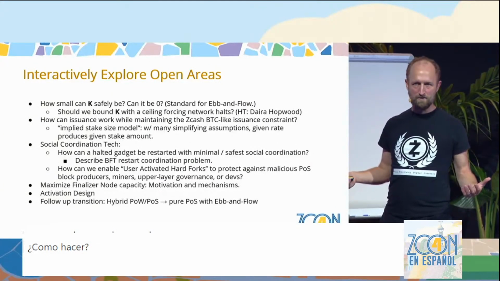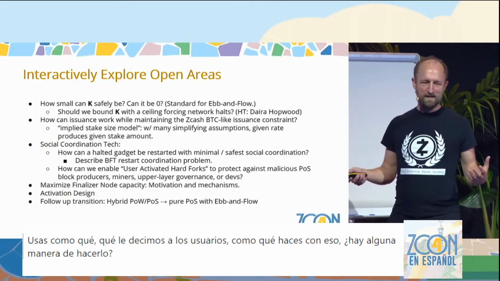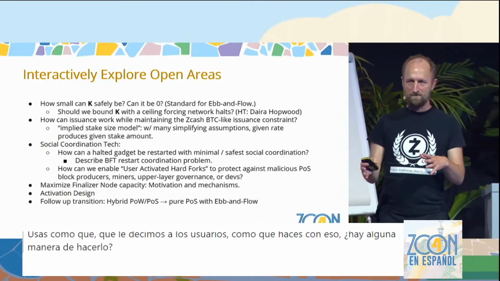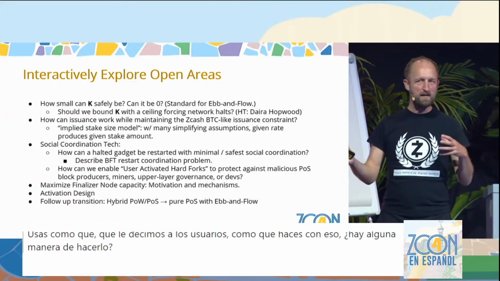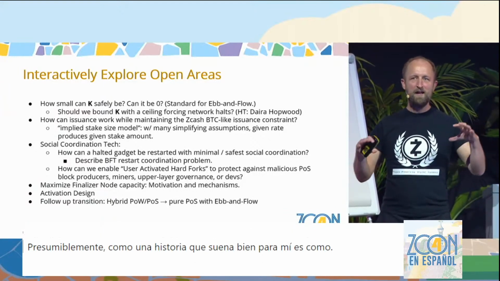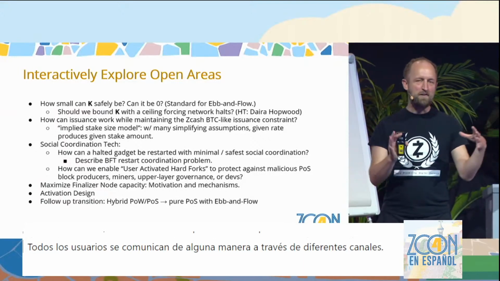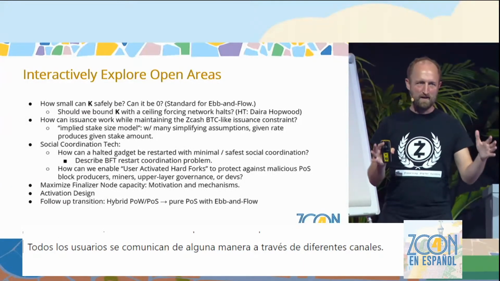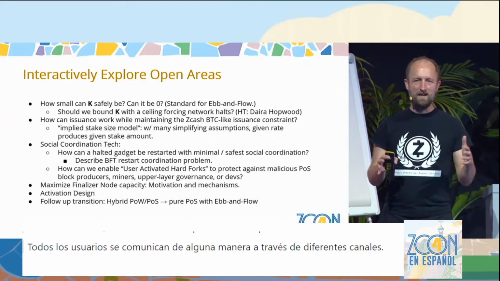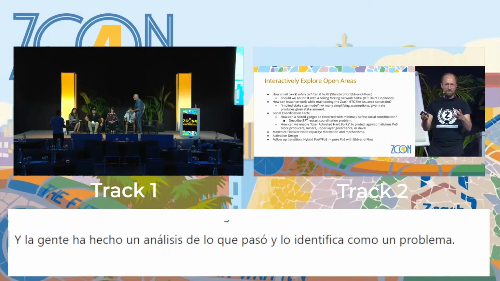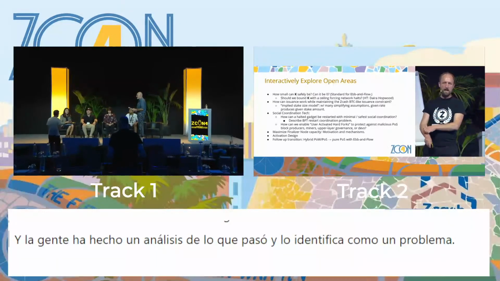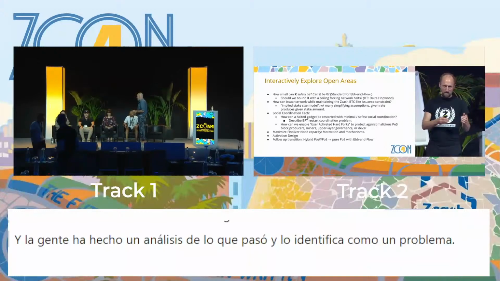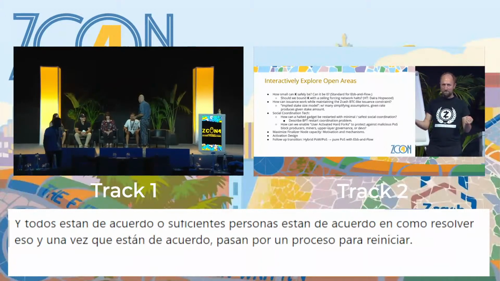A story that sounds good to me is that all of the users are communicating through different channels, people have done an analysis of what happened and identified a problem, and enough people agree on how to resolve it. Once they agree, they go through a process to restart the gadget. This is basically what all BFT protocols have to do if they halt.